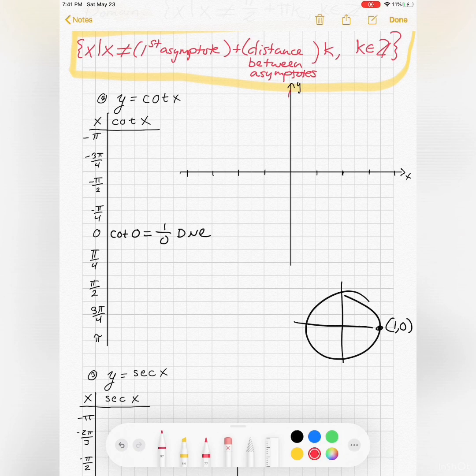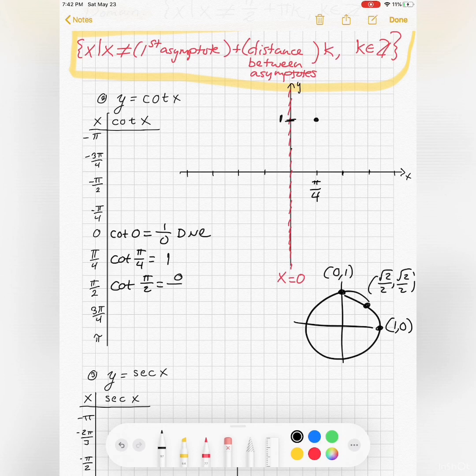So actually, cotangent has a vertical asymptote at 0. Okay, so if I divide x by y at pi fourths, I'm going to get 1. Okay, 0 over 1, 0.